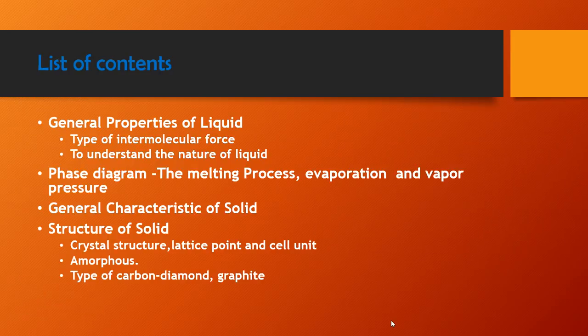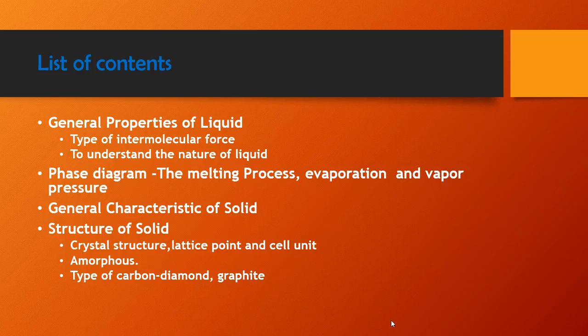So we move on to the list of contents. This is the overall discussion of our lecture. First, we talk about the general properties of liquid and the types of intermolecular force to understand the nature of liquid.